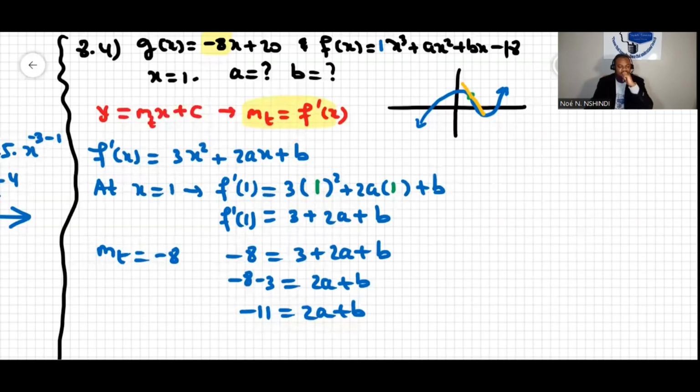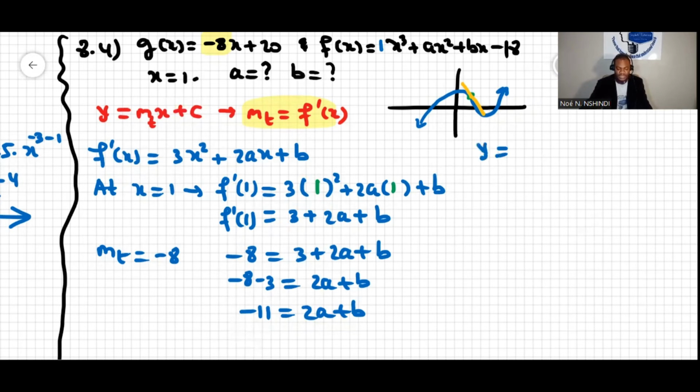Now, what else do we know from this question? Okay, we can find the corresponding y value, because I said the tangent is at this point, okay? It will be somewhere here. If I sub in the value of x, f of x is something as y.